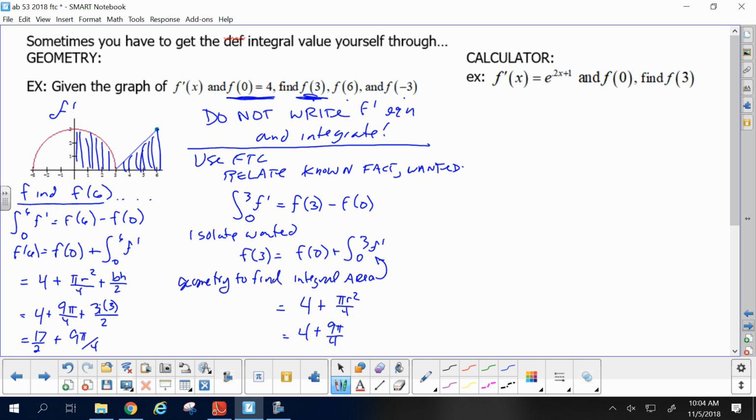Do you agree? Okay. Last but not least, would you find f at -3, which actually causes you to rearrange a little differently. So find f at -3.